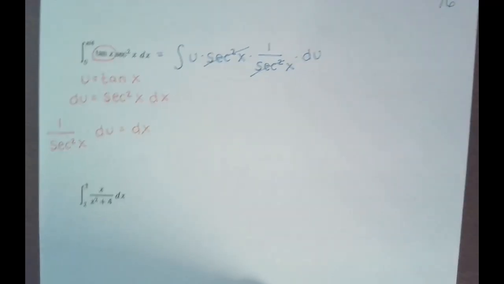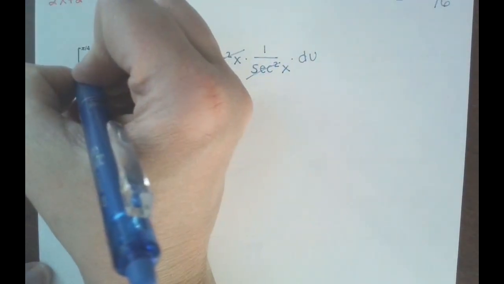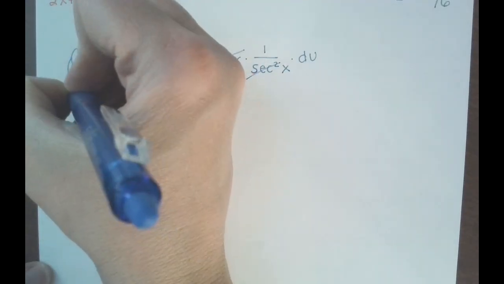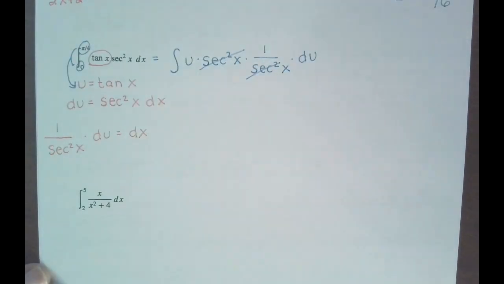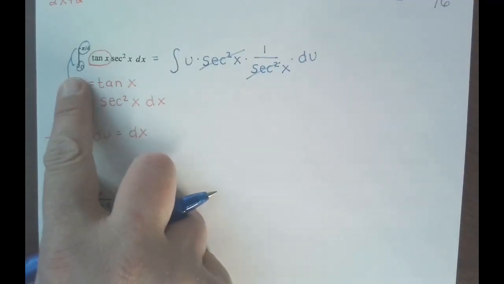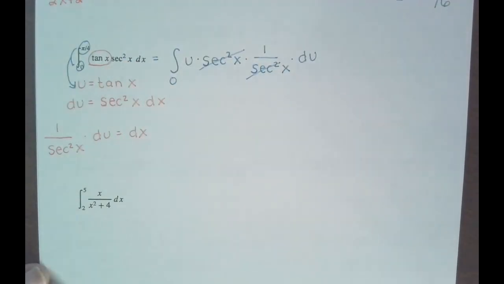Last thing I need to do, though, is convert my endpoints. And so that means I'm taking the 0 and the pi over 4 and plugging them into this u expression. So I'm finding the tangent of them. If you have to sketch yourself a unit circle, go ahead. But tangent of 0 is just 0.